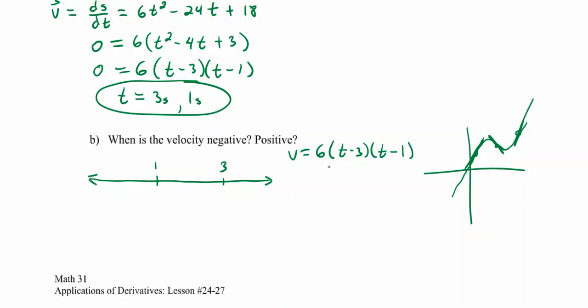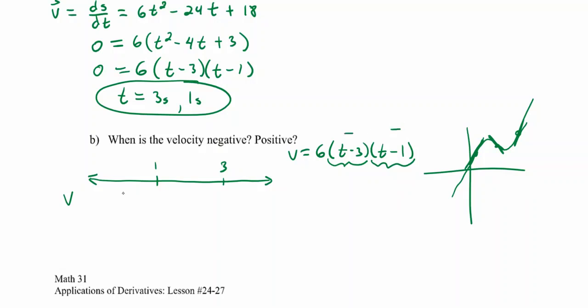This factored form is nice because I can look at these parts independently to figure out whether the thing is going to be positive or negative. So let's throw in 0. We'll check the value 0 for this section to see what comes out. So when it's 0, if I threw 0 into this, it would come out negative, and this would come out negative.